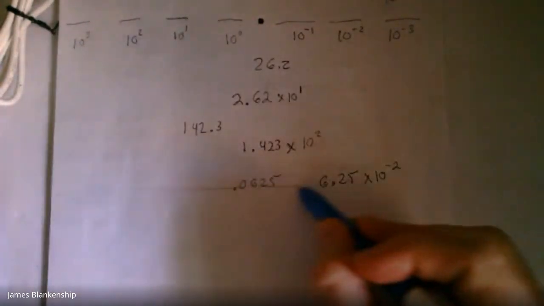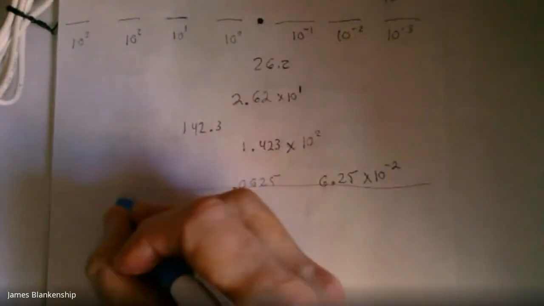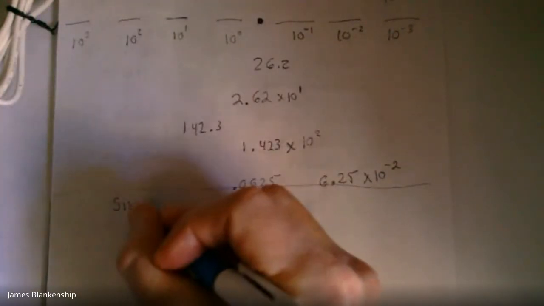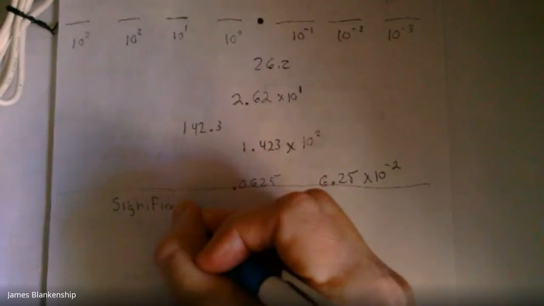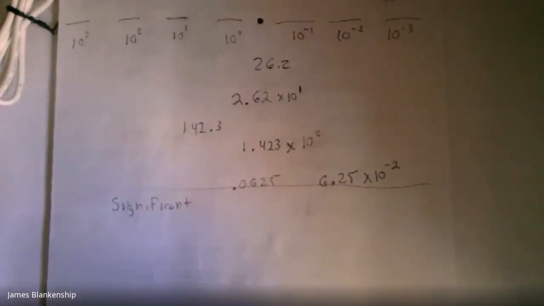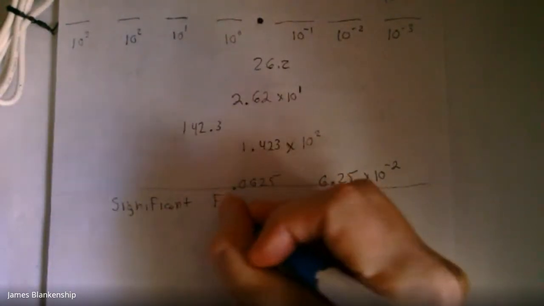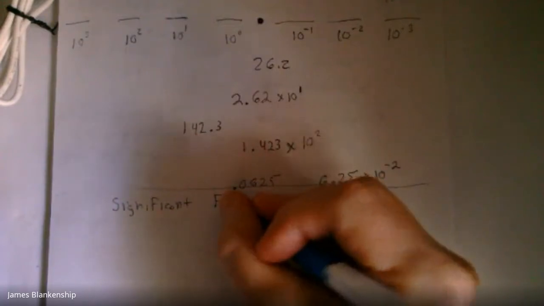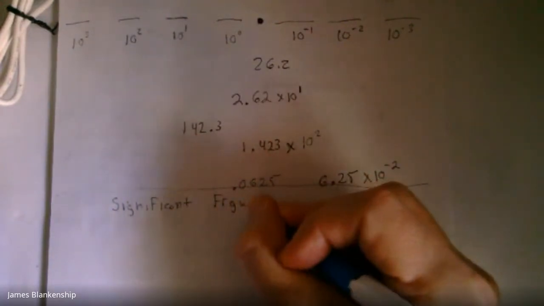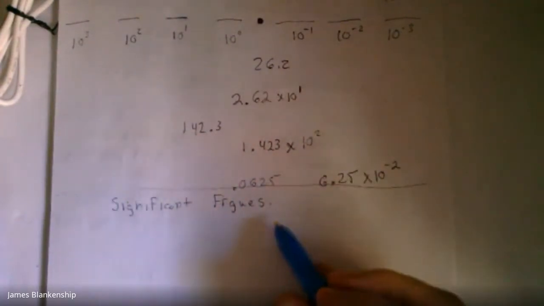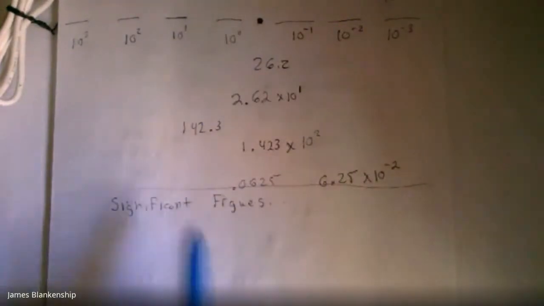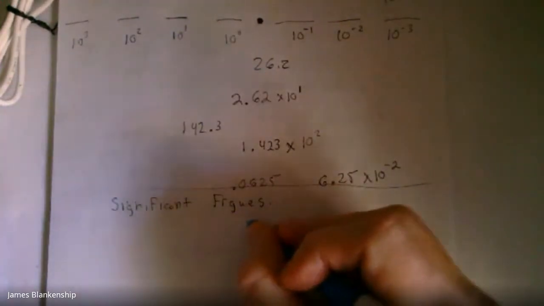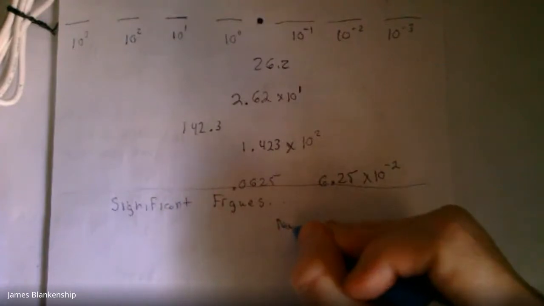Now, when they ask about significant figures, this bothers a lot of students in the beginning, but it's just a way in science of showing how accurate you're being. When you determine your number of significant figures, you're looking at the number of digits in your data.